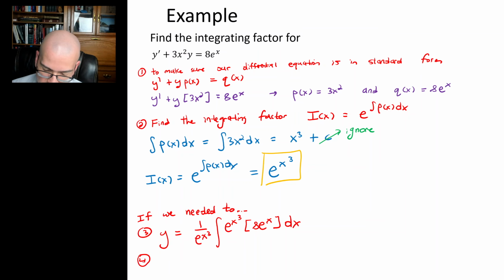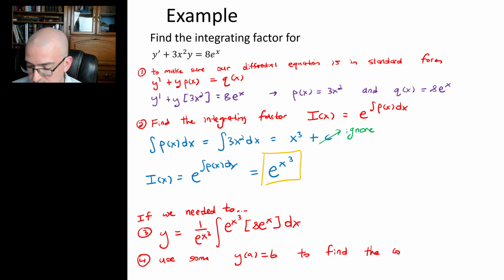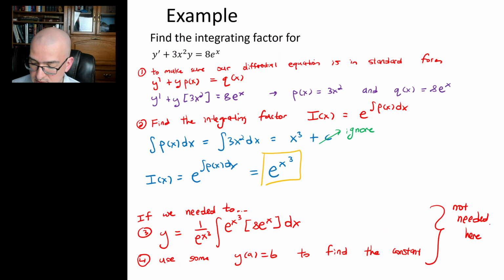And then step 4, use some y of a is equal to b to find the constant. But neither of these steps are needed for this example because it just says to find the integrating factor. Integrating factor, not needed here. Just get I of x.